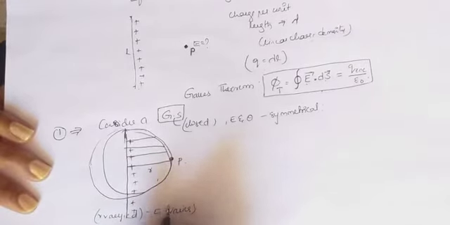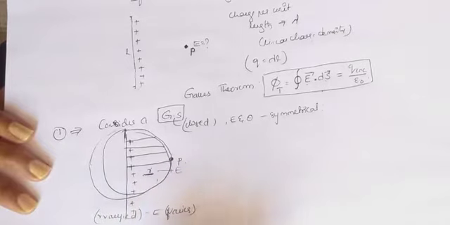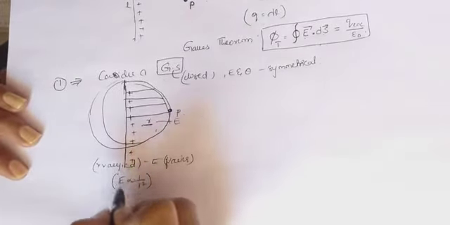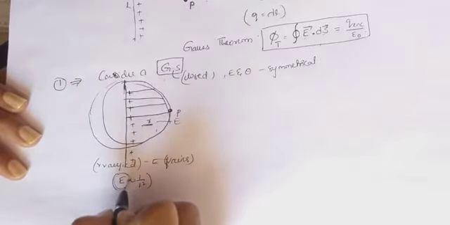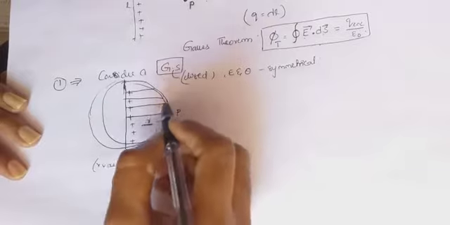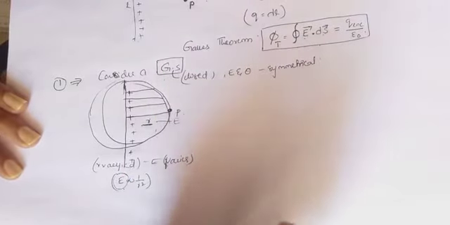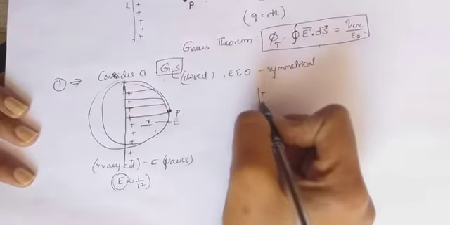Already we know from Coulomb's law that electric field is inversely proportional to the square of the distance. So as r changes, the electric field also changes. That's why we are not considering the sphere as a Gaussian surface here. Okay, so now let us consider this is a long conductor here.